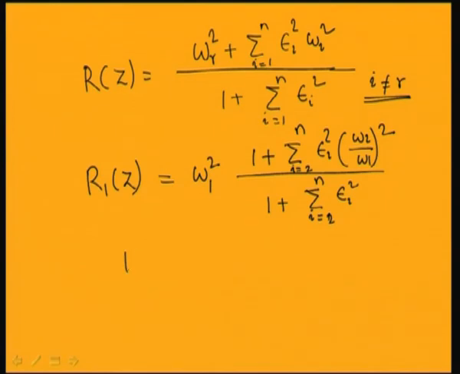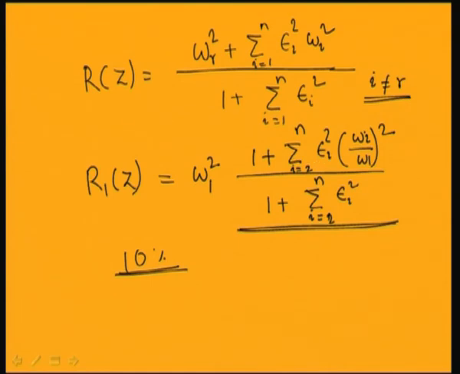So, from this expression you can note that we make an error of 10% in taking the correct value of z. In that case, this part will be the error. For the actual eigenvalue, this R1 z should be equal to omega 1 square, but if you take a 10% error in finding this value, then you can see that the error will be of the order of epsilon square.